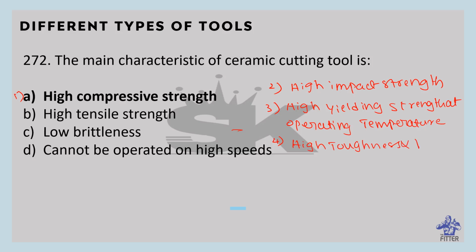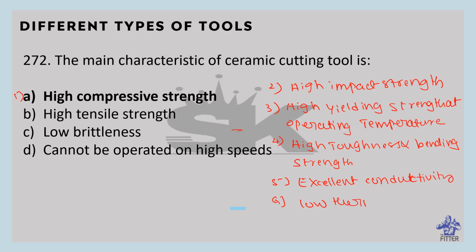Fifth one is excellent conductivity, and low thermal expansion for good dimensional stability. Ceramic cutting tools are very brittle.